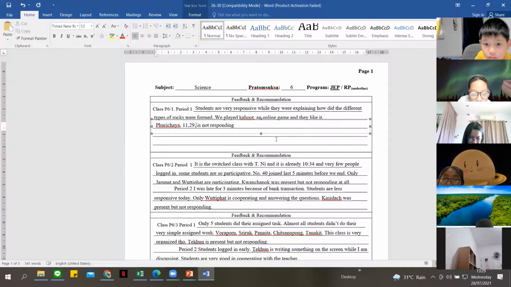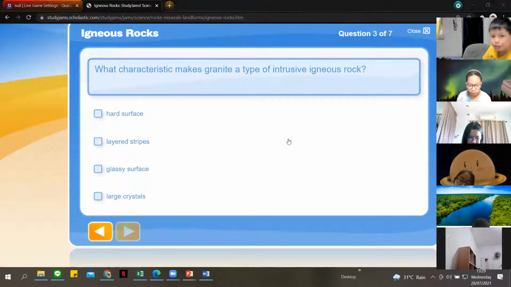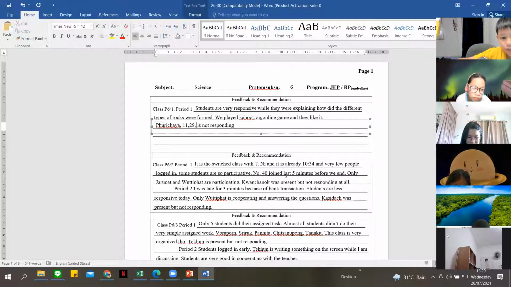Okay, what about Patarida? Patarida, number 35. What's your answer here? Patarida. Okay, so I'll just write here number 35 as well.